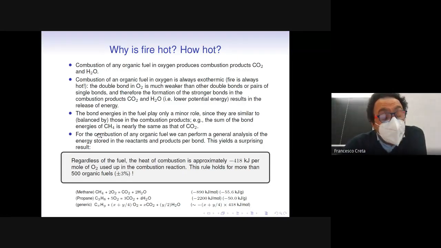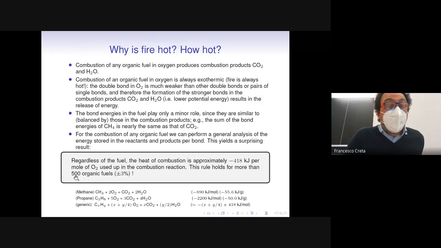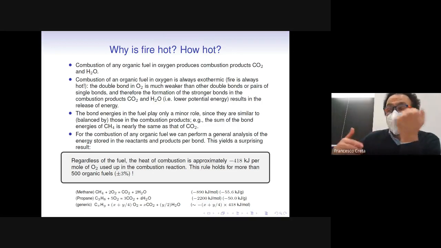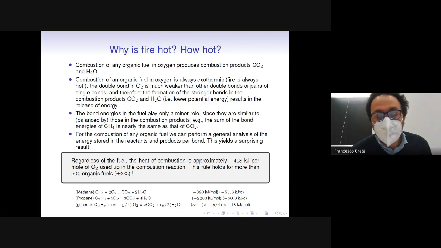So there is a trick which holds incredibly well for essentially all of more than 500 organic fuels or hydrocarbons, of which methane is the simplest because it has only one carbon atom. You can have chains, and in wood you have polymers, very, very long chains of carbon. And this trick is the following.